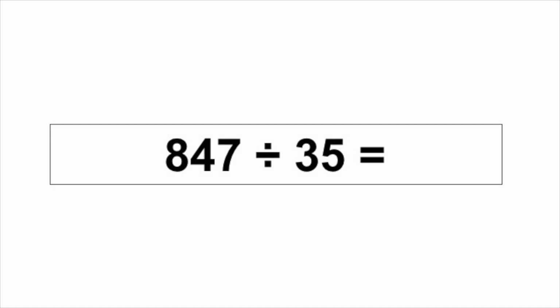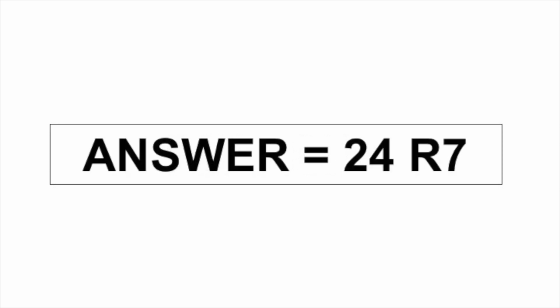So our answer is... Excellent. Well done. We can say 847 divided by 35 equals 24, remainder 7.